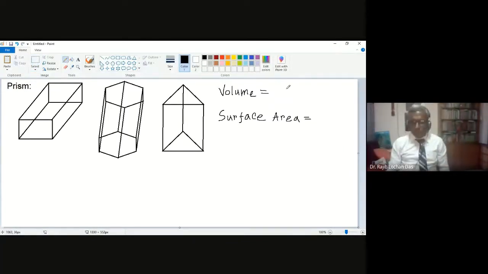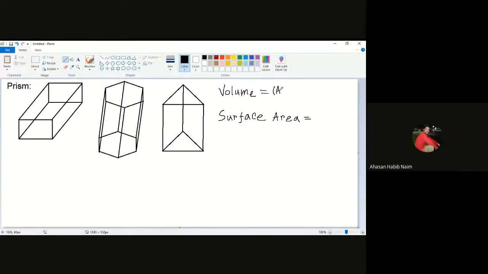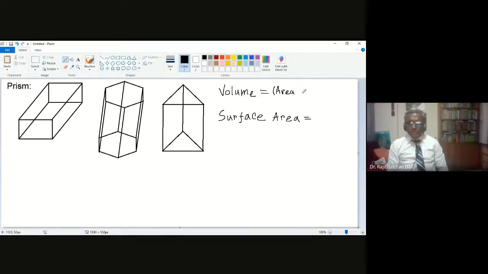What is the volume formula? The volume formula is the area of the floor. So what is the floor? The floor is the bottom side. Area of floor into height.